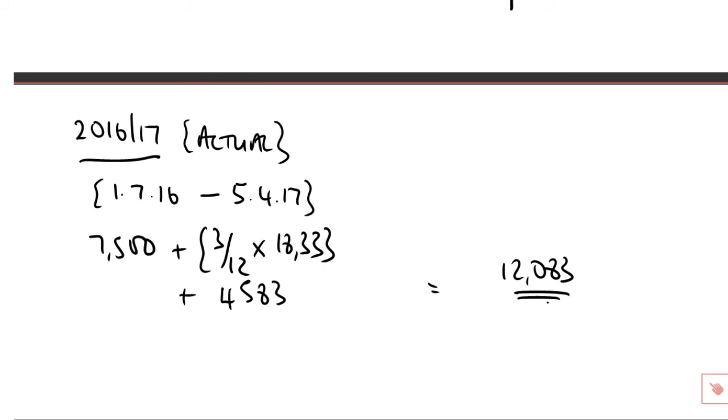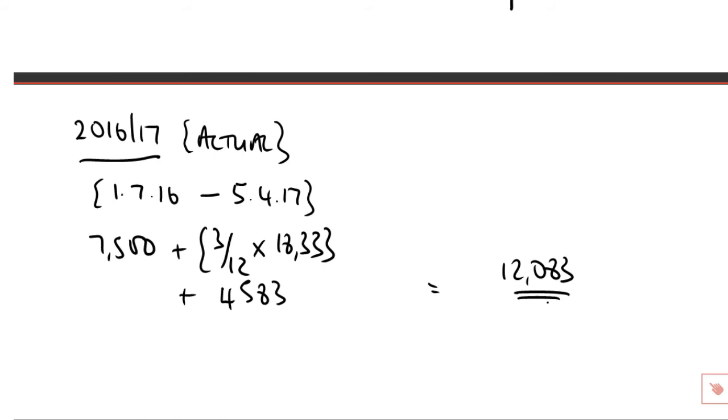Remember, FC joined the partnership on 1st of July 16. That's a start date in the 16-17 tax year. First tax year is actual, 1st of July 16 to 5th of April 17. As far as FC was concerned, he joined on the 1st of July of 16, first accounts to 31st of December.